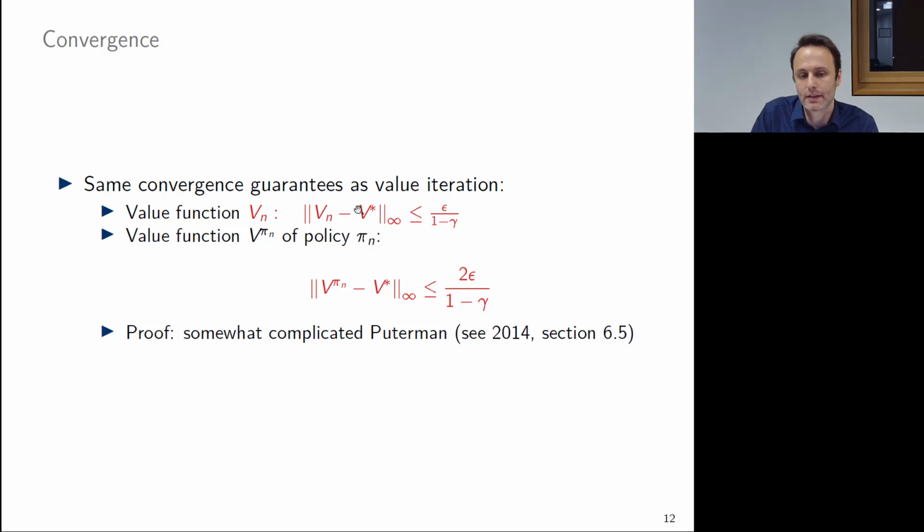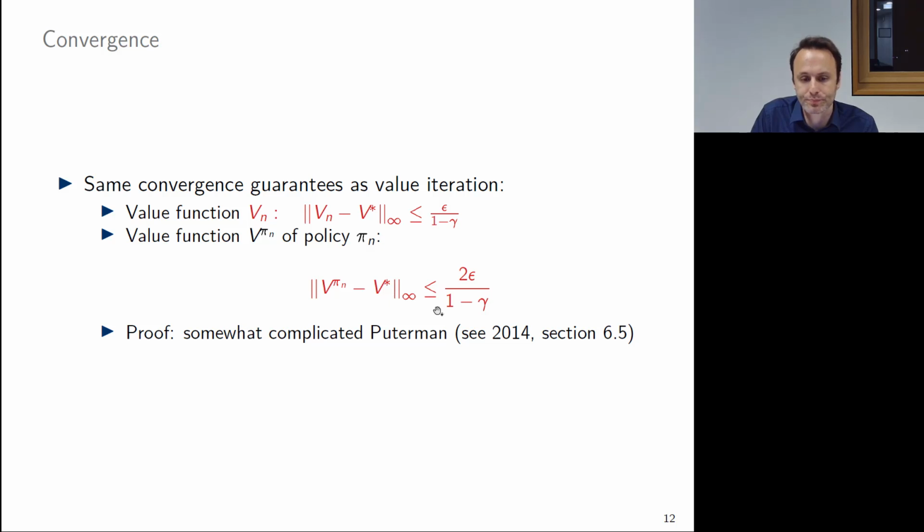And the distance here is going to be less or equal to epsilon over 1 minus gamma, like before for value iteration. And if we have this error, then we might get a worse policy and get 2 times epsilon over 1 minus gamma. The proof for this is in this book, so you can read it up.